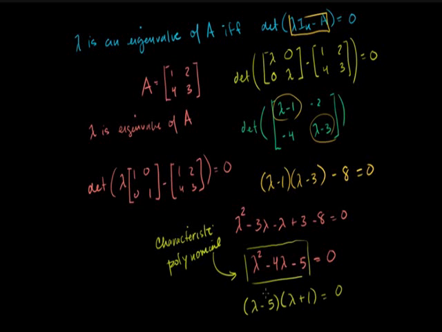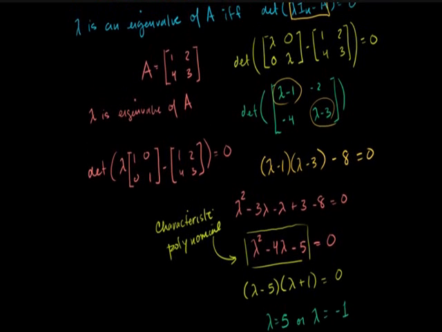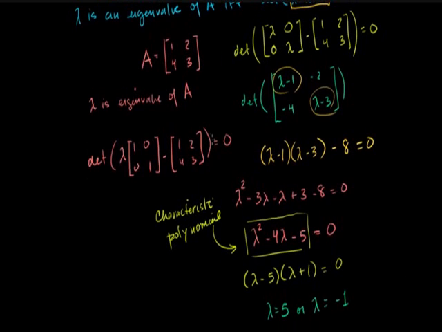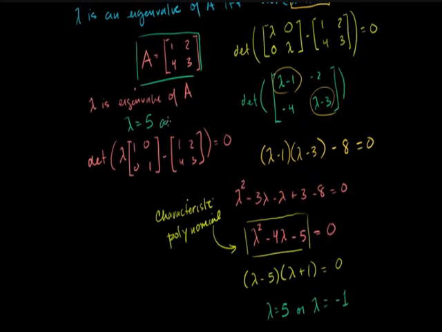Lambda minus 5 into lambda plus 1 is the same equation. When we multiply these, we get lambda square minus 4 lambda minus 5, which is the multiplication of two linear factors. The first factor equals 0 and the second factor equals 0: lambda minus 5 is 0 and lambda plus 1 is 0. This gives us lambda equal to 5 and lambda equal to minus 1.